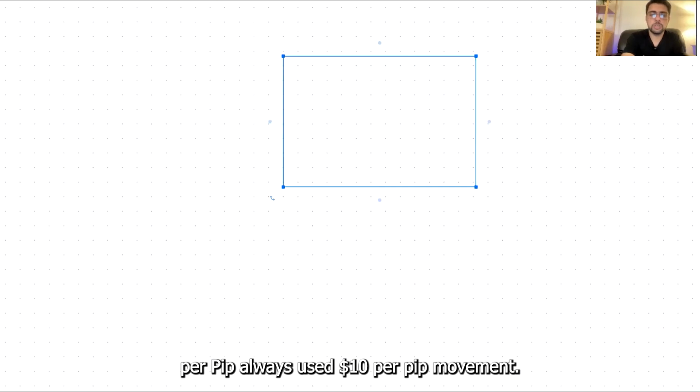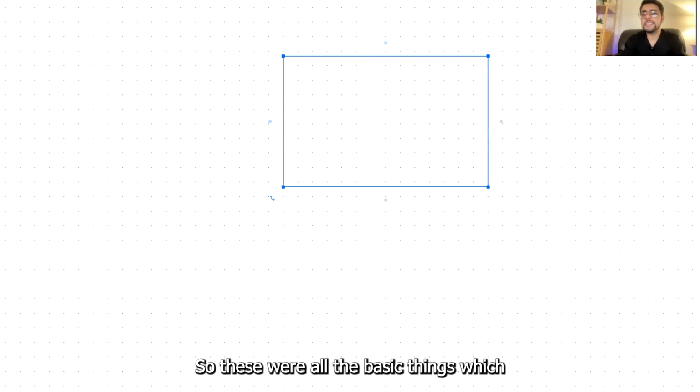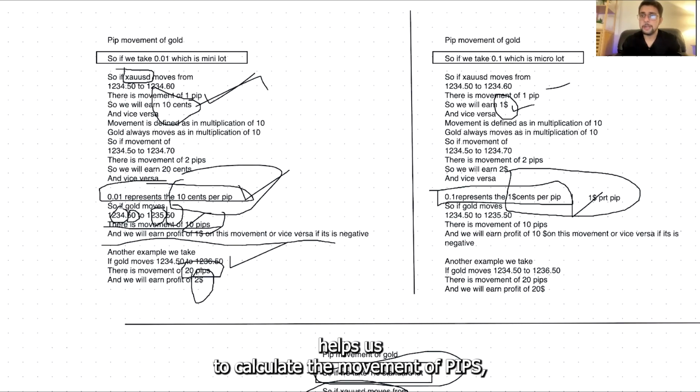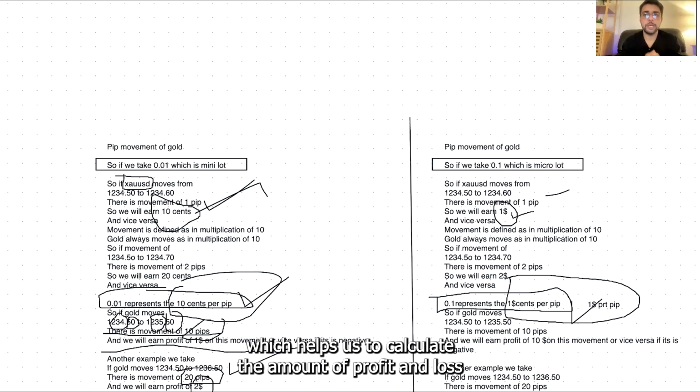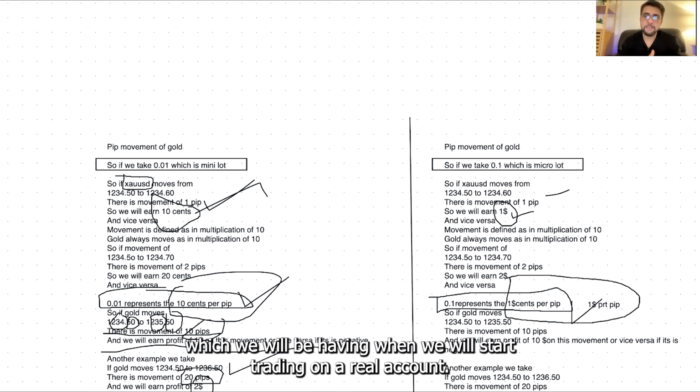So these were all the basic things which help us to calculate the movement of pips, which helps us to calculate the amount of profit and loss which we will be having when we start trading on a real account.